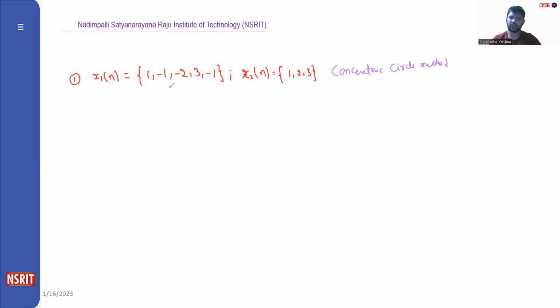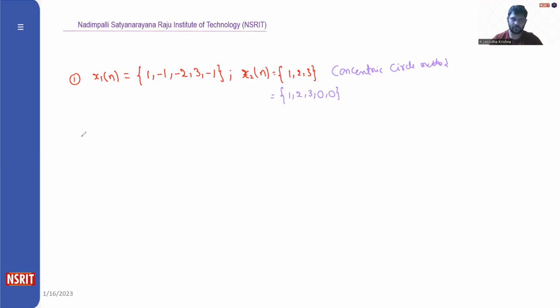The first signal length is 5 and the second signal length is 3, which is 1, 2, 3. So I can add two extra zeros to make both sequences equal in length.